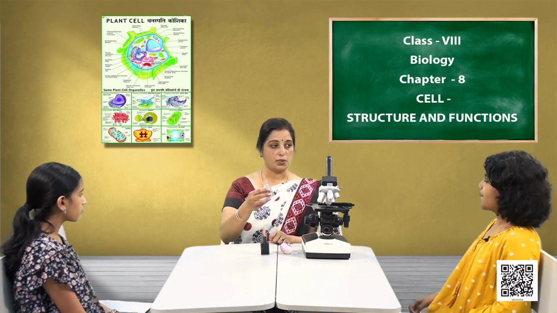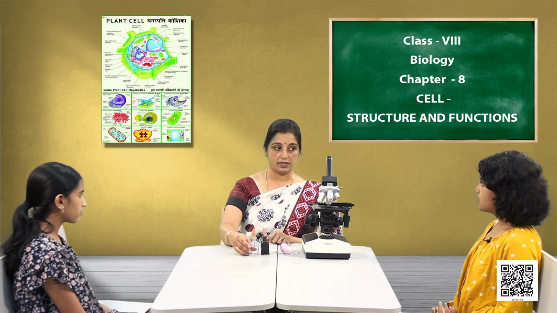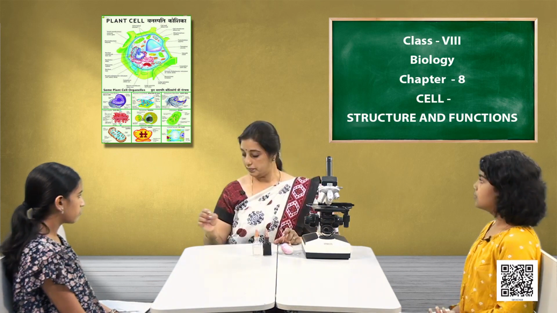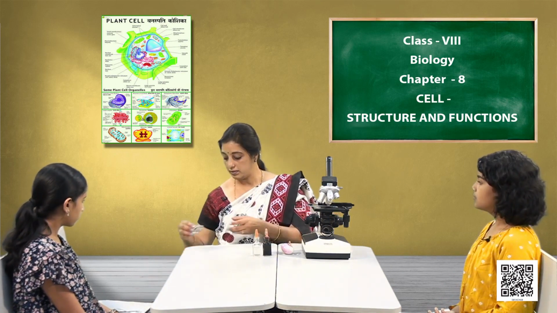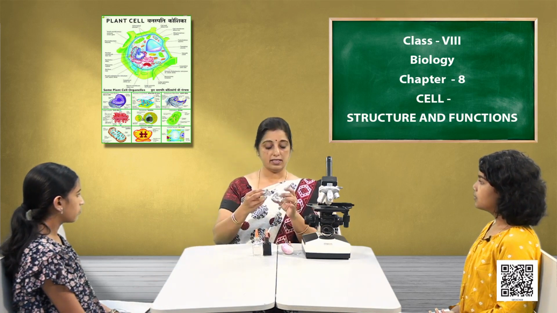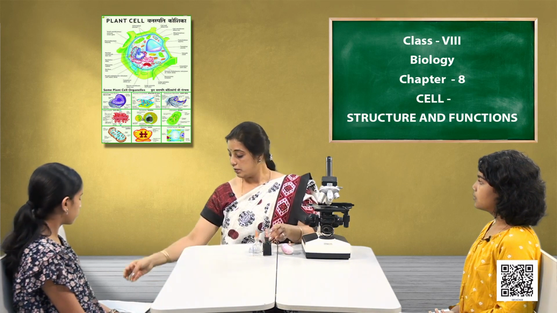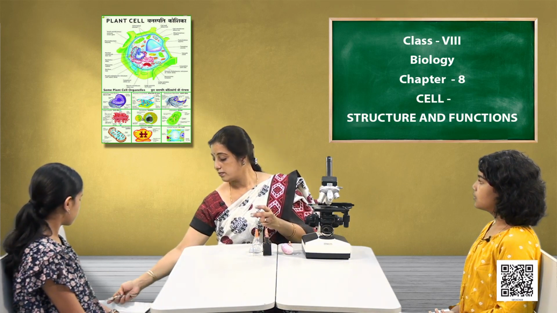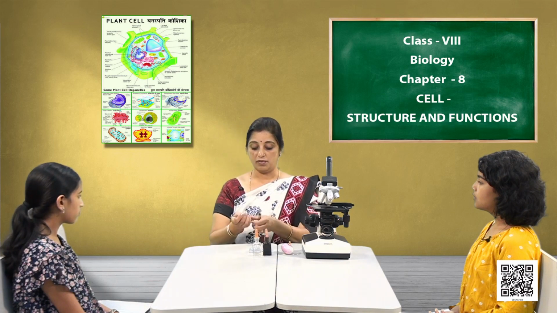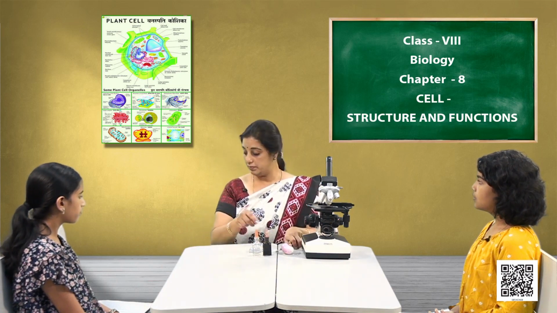Ma'am, is it water? No, this is glycerin. We will be using it after we stain the cell. We have other materials like these embryo cups. We will be using them. We may need a pair of forceps, brushes to mount the peel.